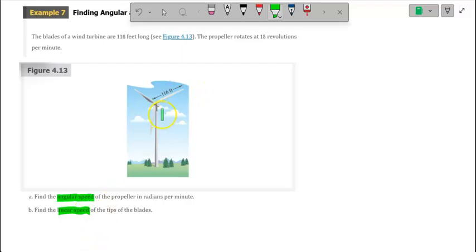So the angular speed here, we know the turbine blades are 116 feet long, and the propeller rotates 15 revolutions per minute, right? Okay, so if I am doing A, the omega, which is the angular speed, is going to be theta divided by the time, right?